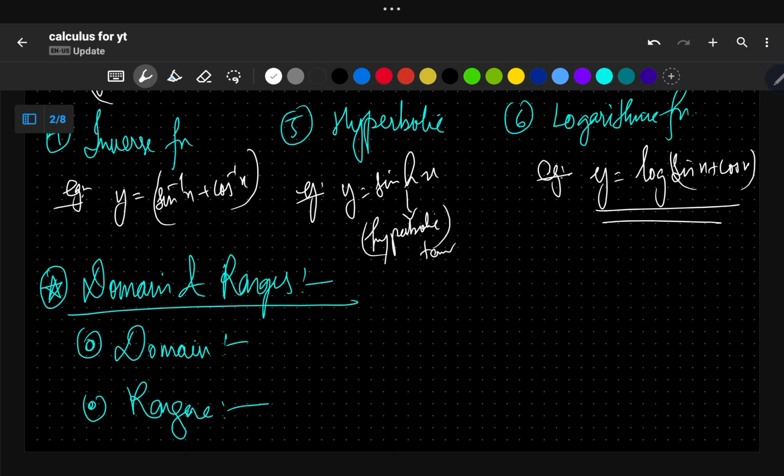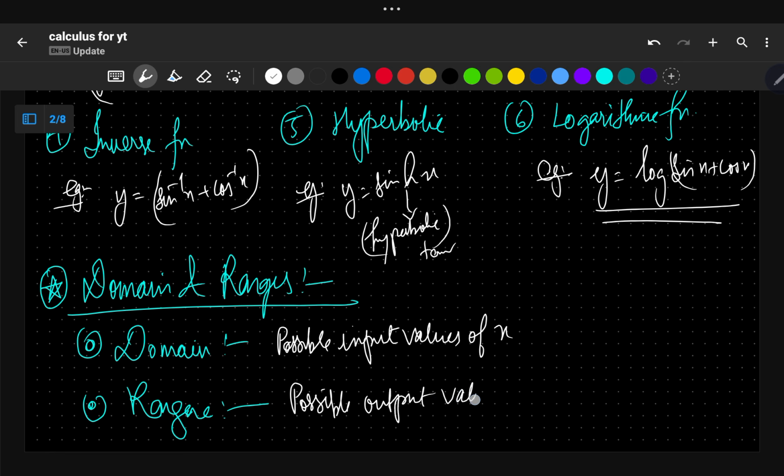What is domain? In layman language, domain is the possible input values of x, and range is the possible output values of y, for any function.